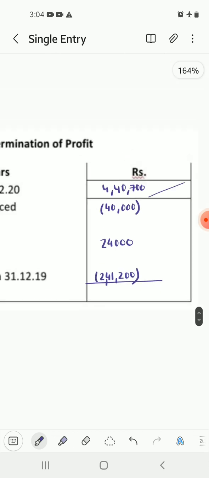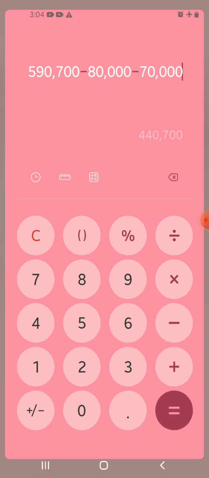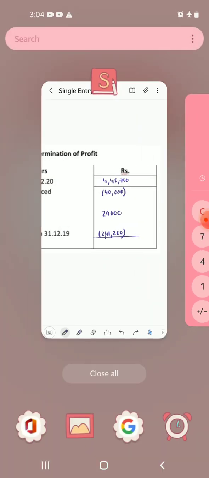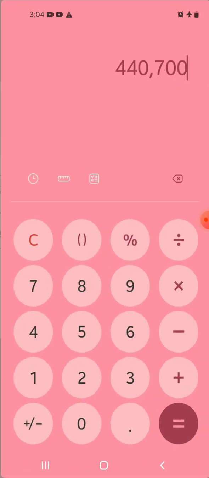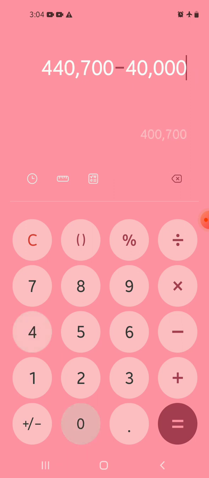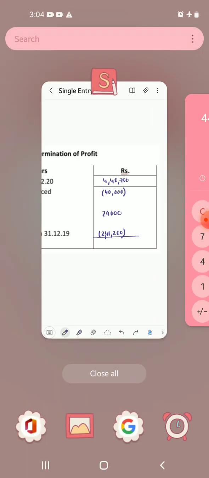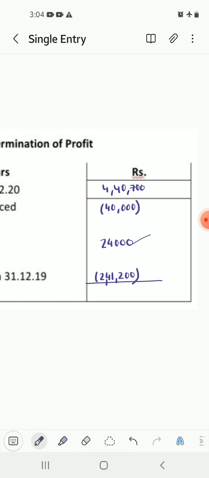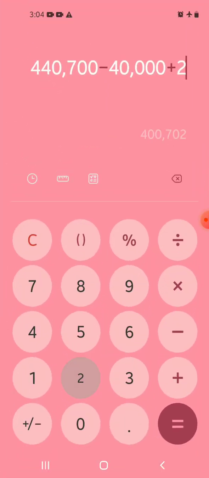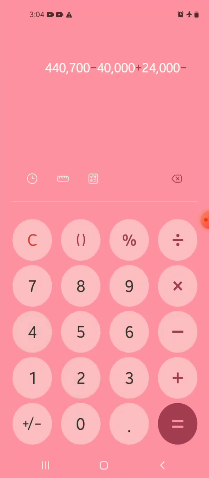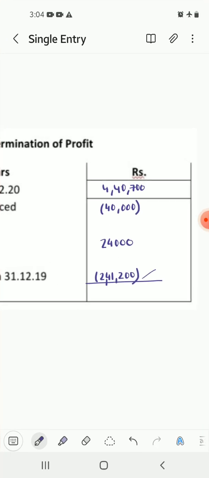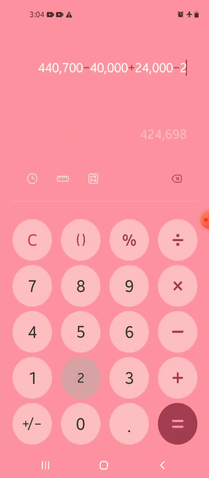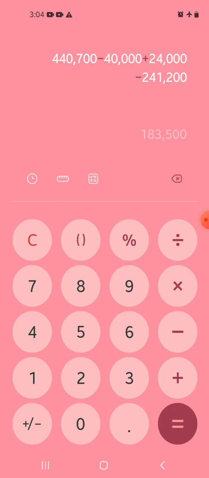Now we are going to perform the simple calculation, addition and subtraction. We started with 4,40,700. We have to deduct 40,000. Then we have to add 24,000. And then we need to deduct 2,41,200. So we get 1,83,500.